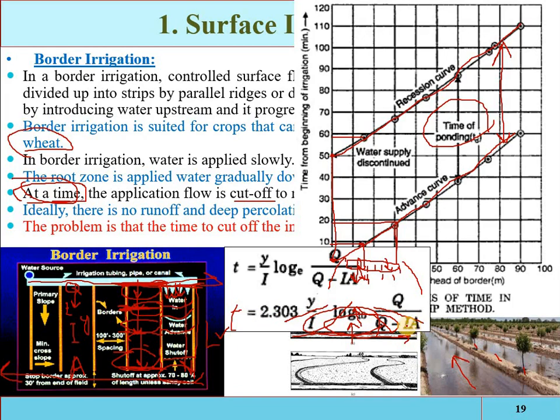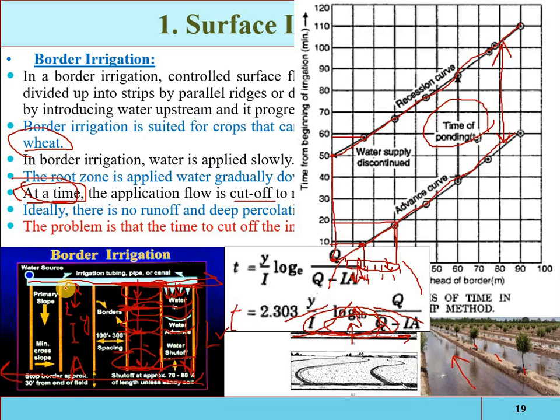A is the area, I is the infiltration rate, q is the inflow discharge, and y is the average depth of the sheet of flowing water. After this time, you have to stop the flow, so the deep percolation and runoff losses will be reduced.